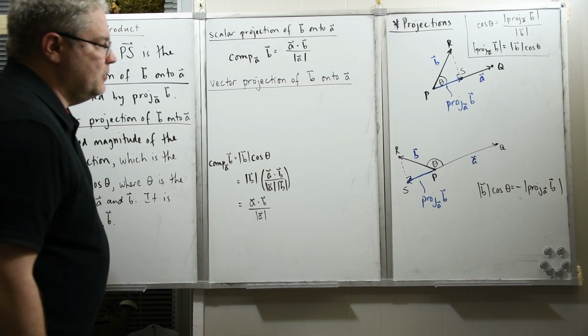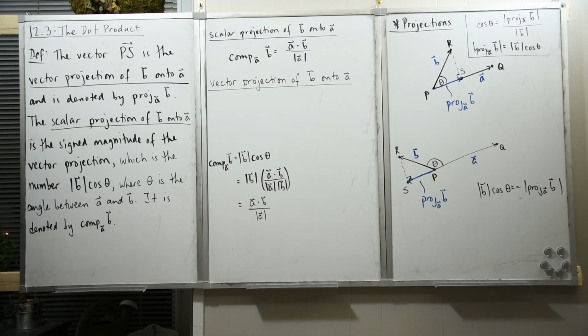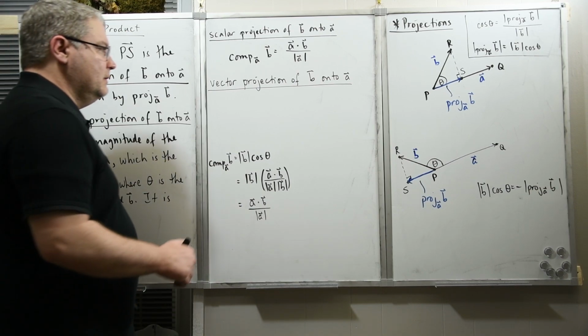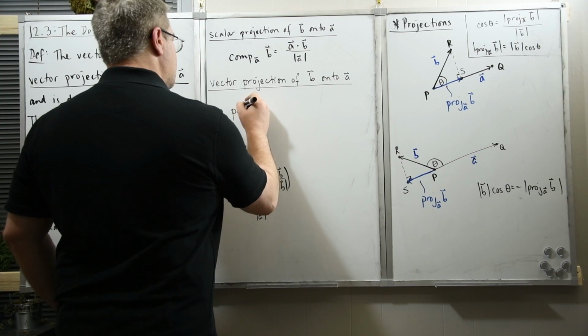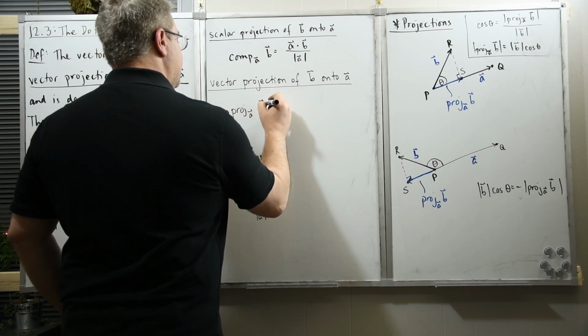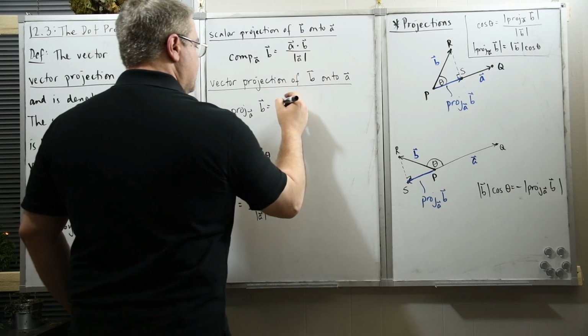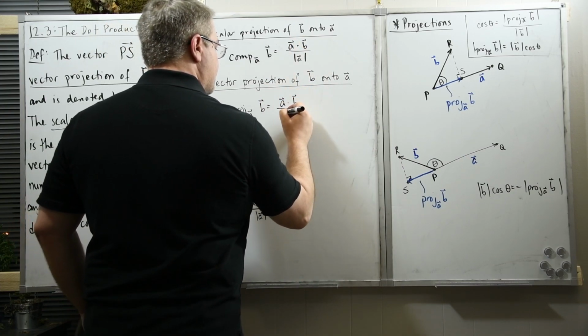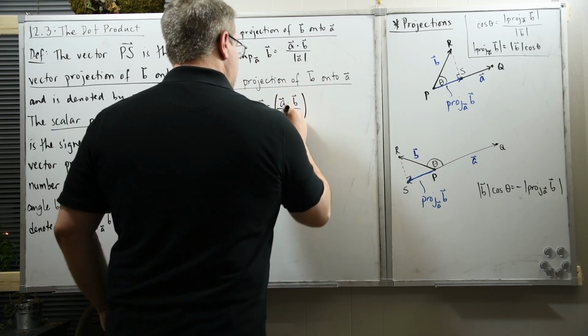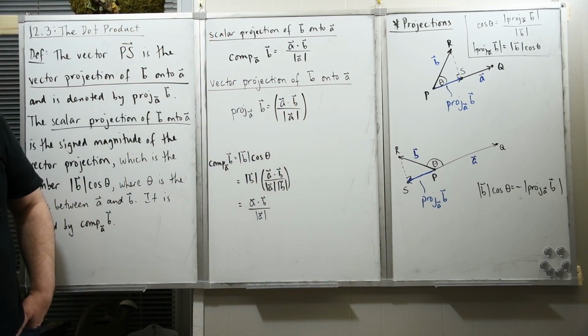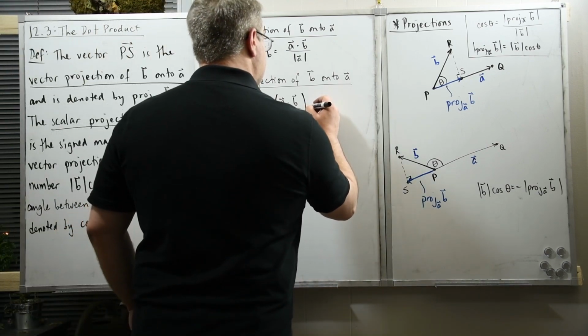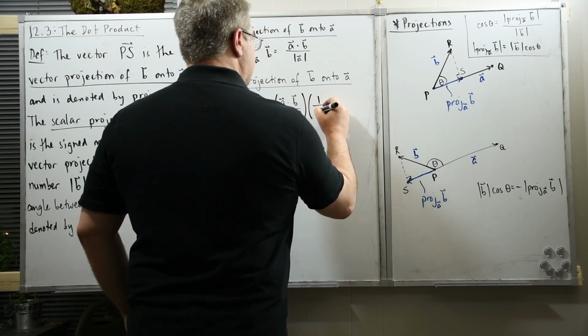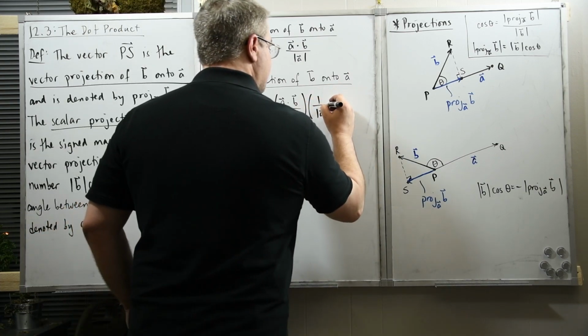If you think about what the vector projection of B onto A is, you want the signed magnitude of the projection vector times a unit vector in the direction of A. So for the projection of B onto A, once again, you've got the signed magnitude here, and then we'll multiply that by a unit vector in the direction of A. Well, the unit vector in the direction of A is 1 over the magnitude of A times A.